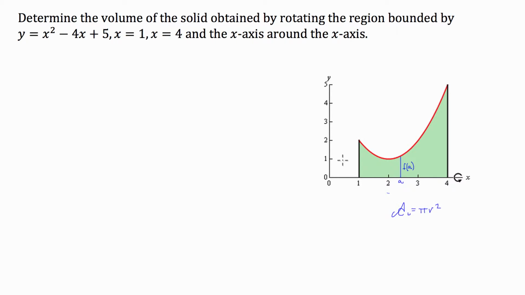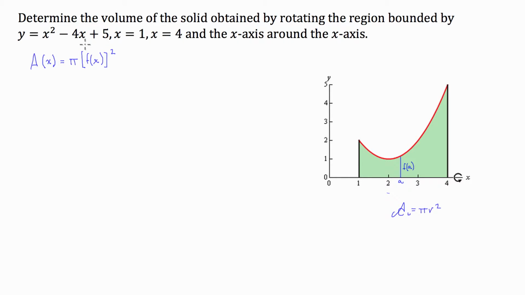So the area of any circle across this domain, the area with regards to x, is just going to be equal to pi times the function, we'll call it just f of x or y, squared.